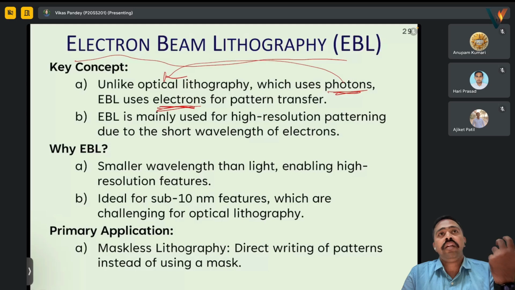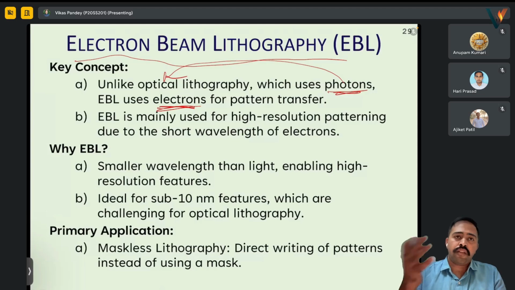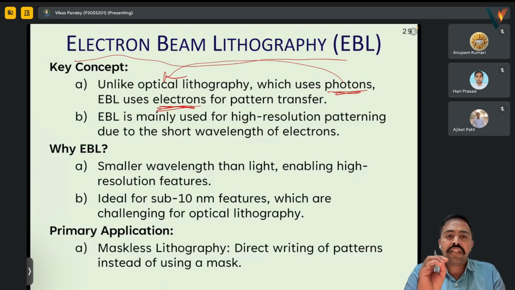Even the simplest photolithography system, that is a 365 nanometer wavelength system, gives resolution of say 600 nanometer. So anything above 1 or 2 micron is fine using optical lithography. Even in deep UV lithography, we can go to something like 100 nanometer.